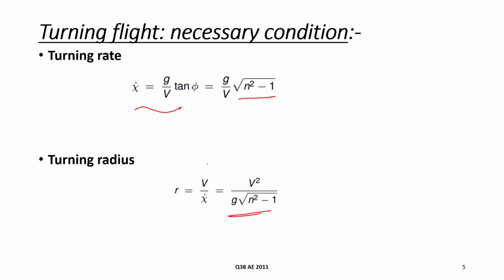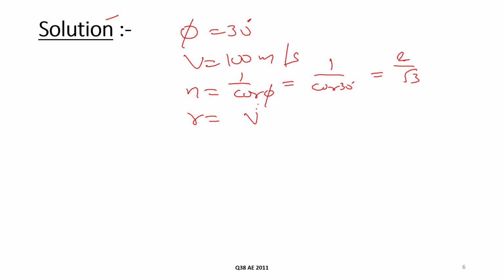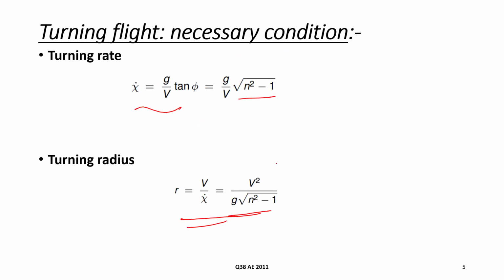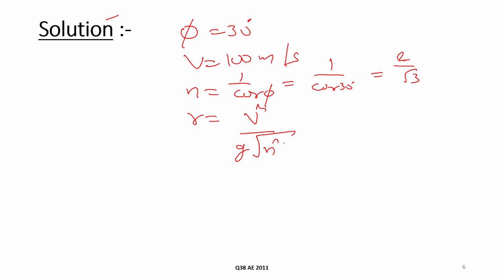For finding the turn radius, we can use this equation. R equals V square upon g under root n square minus 1.